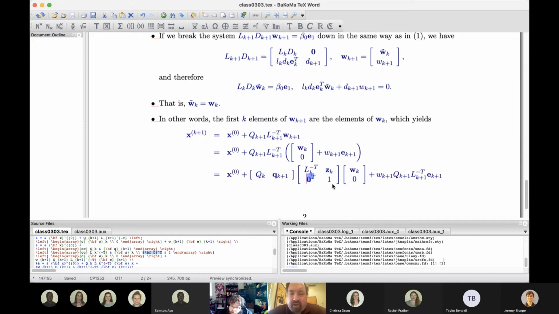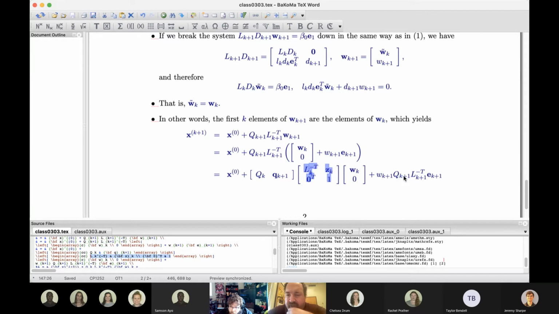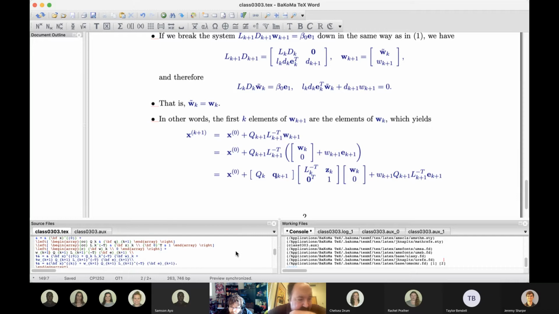Also, it's unit upper triangular, so we know this is a 1. So then I'm basically taking this and distributing it through here, and then only for the first term, I break L_{k+1} inverse transpose down this way. Over here, I don't really need to do that. Okay.